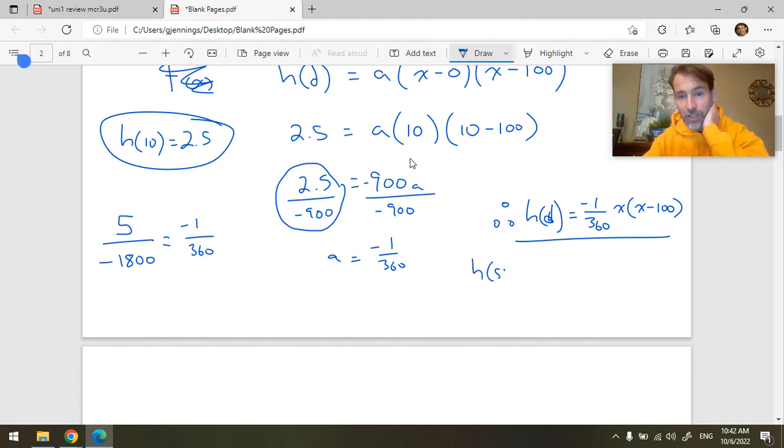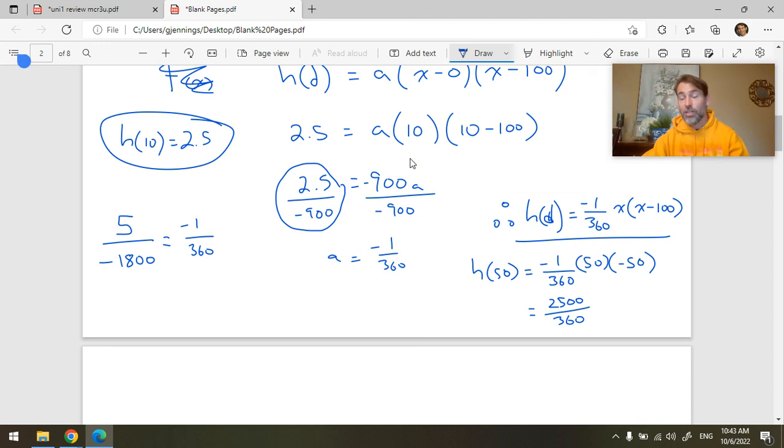Height at 50 is equal to negative 1 over 360 multiplied by 50, that's x, multiplied by 50 minus 100, that's negative 50. So 50 times negative 50 is negative 2,500. Negative 2,500 times negative 1 is equal to positive 2,500 over 360.